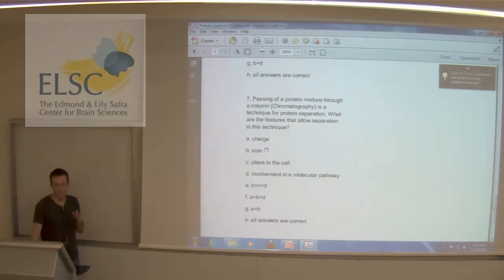But as a whole, it's very ineffective. Trying to isolate proteins by their location in the cell using this technique, or by any specific domains that they have, is not the main goal of chromatography. And charge and size are the 2 features that are definitely part of this technique. So A and B, and that means G.